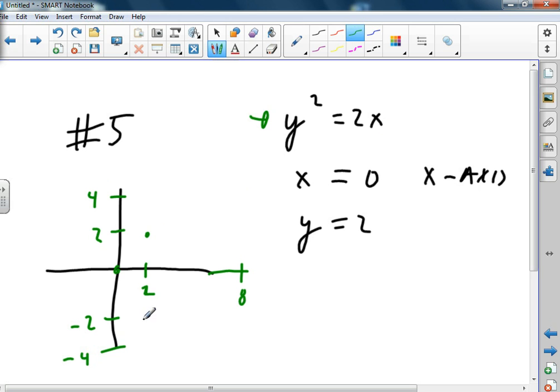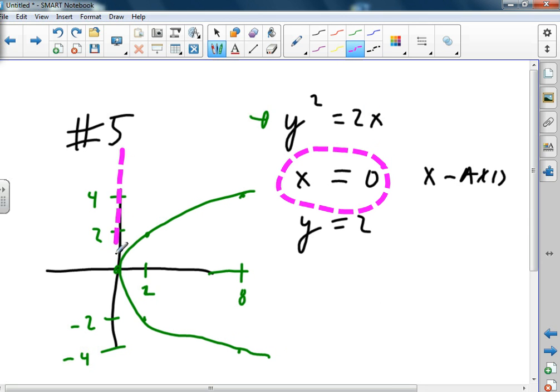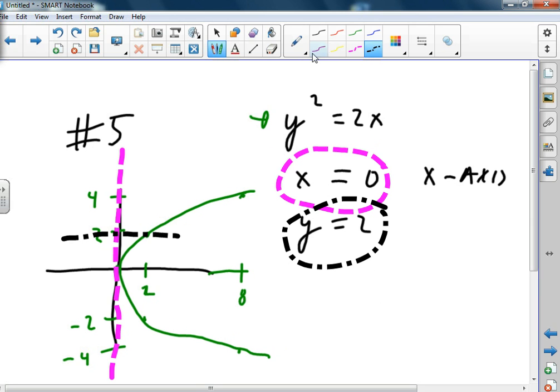So that's what I'm looking at. Okay, so I have that. X is equal to 0. It's going straight up and down there. Y is equal to 2 is going there. So what we're doing is we're taking this section here, rotating it around the x-axis.